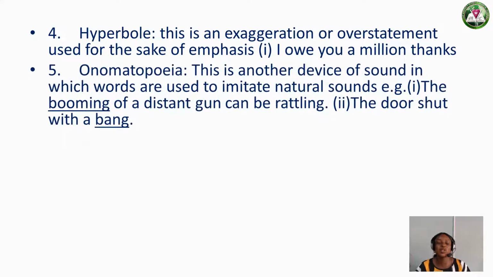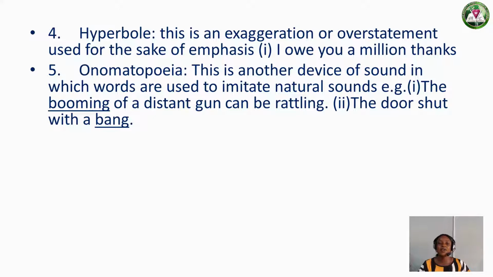Okay. The next one we have, the fifth one, is called onomatopoeia. This is another device of sound in which words are used to imitate natural sounds. Onomatopoeia has to do with using sounds to represent the actual thing being talked about.